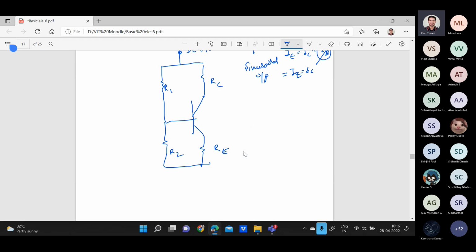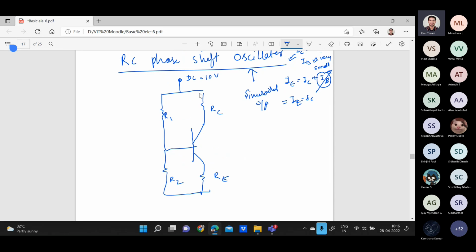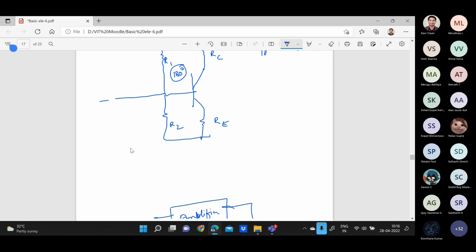This amplifier provides 180-degree phase shift output. If you provide three parallel RC connections like this, if you provide one connection like this, sorry.